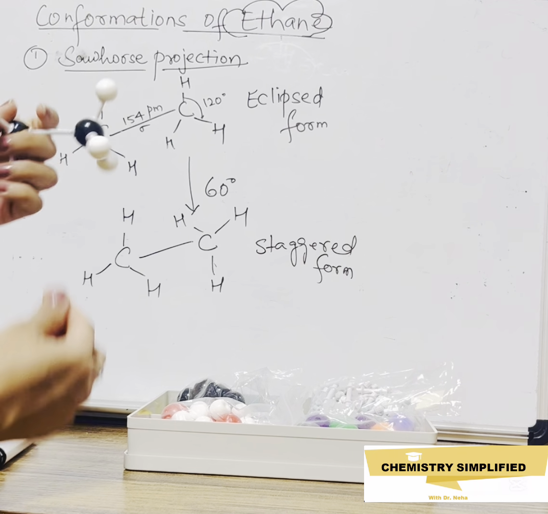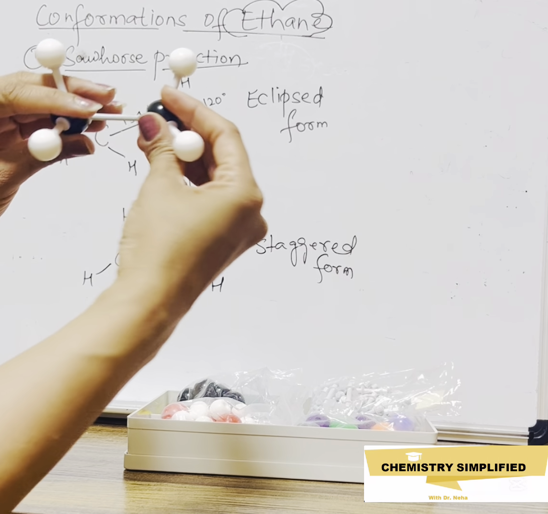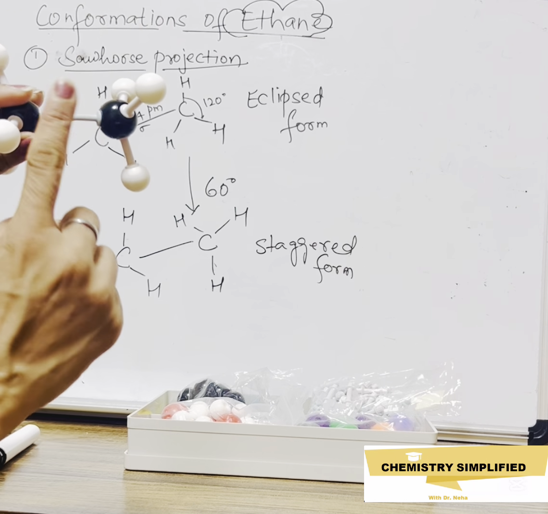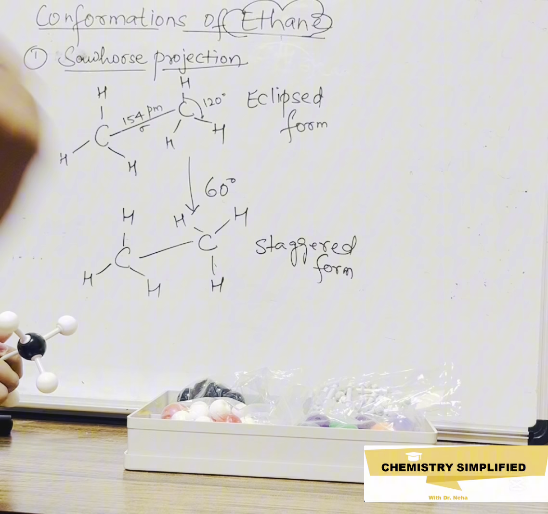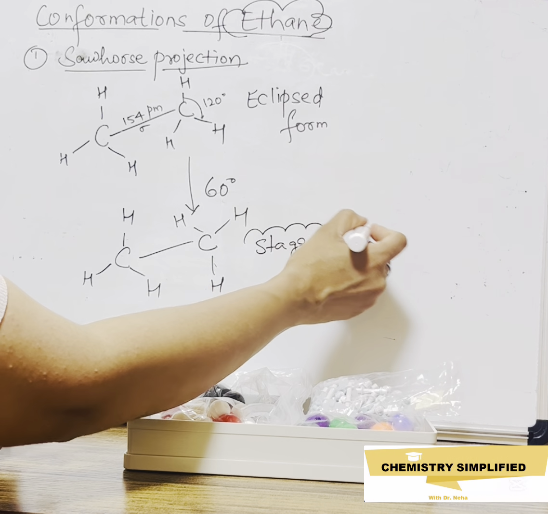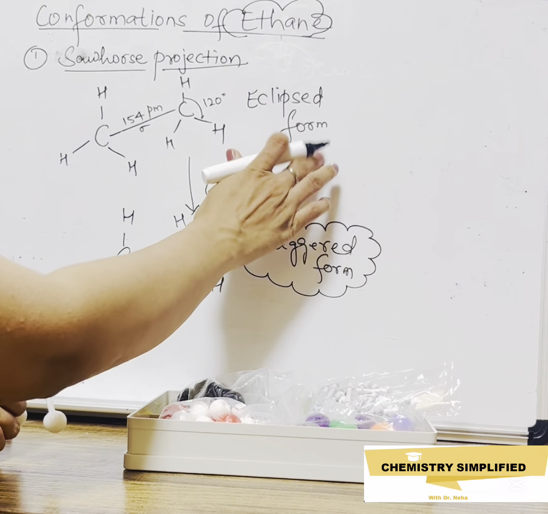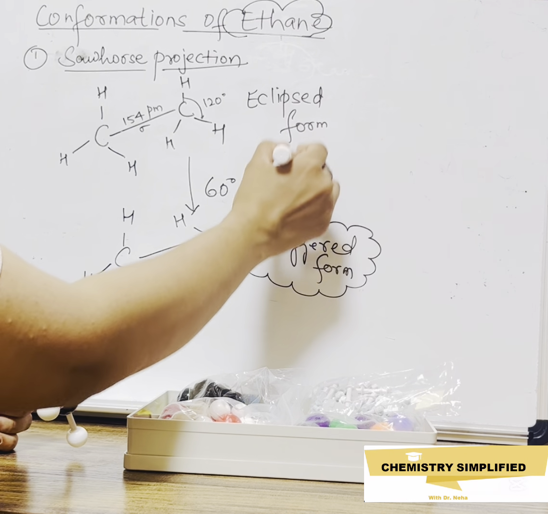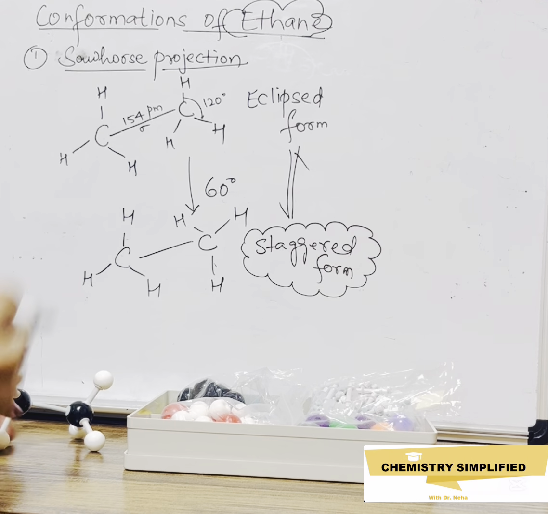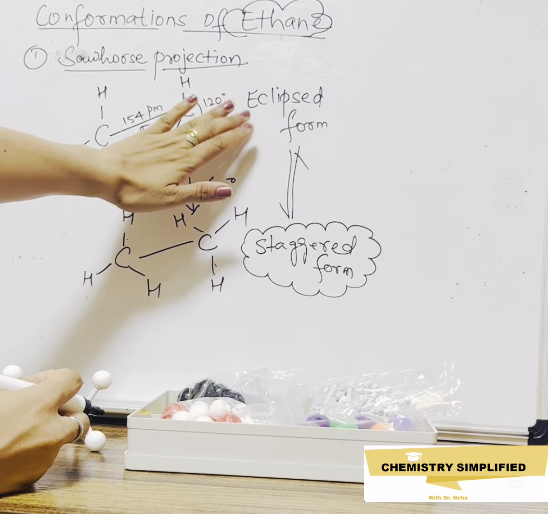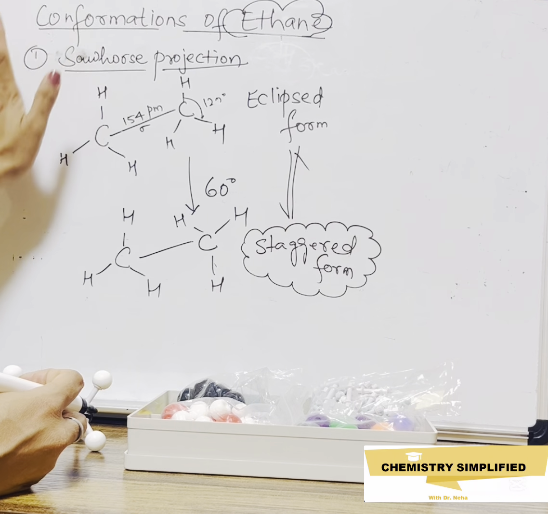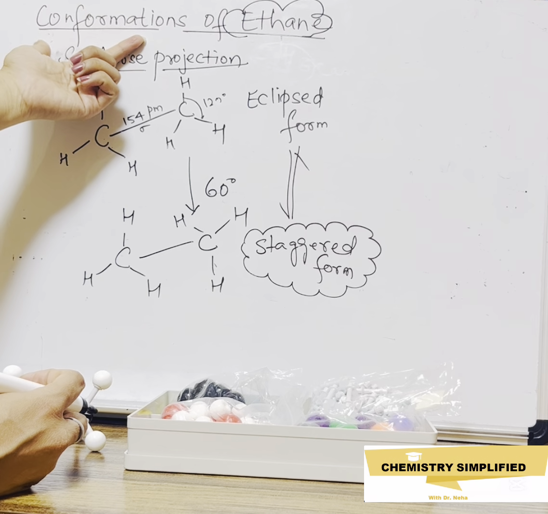The staggered form is more stable than the eclipsed form. As I told you before, these two forms are interconvertible. A very small amount of energy is required to change from one form to the other. These are called the conformers, and the complete process is nothing but the conformations.